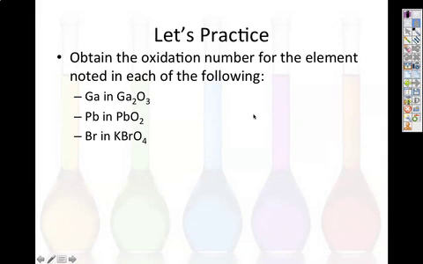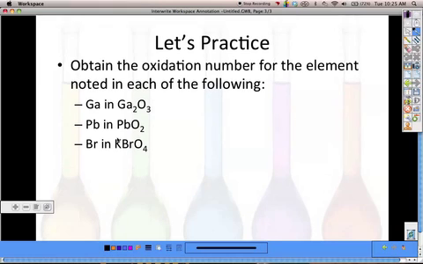Our next example, if I have potassium bromate and I want to figure out what the bromine is, I can look at the things that I have along with it. So potassium, if we look at the periodic table, is a 1 positive charge. The bromine we know should be a 1 negative based on where it is in the periodic table. But let's make sure we actually know what it is.